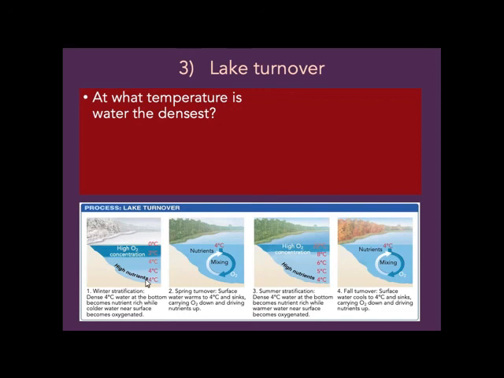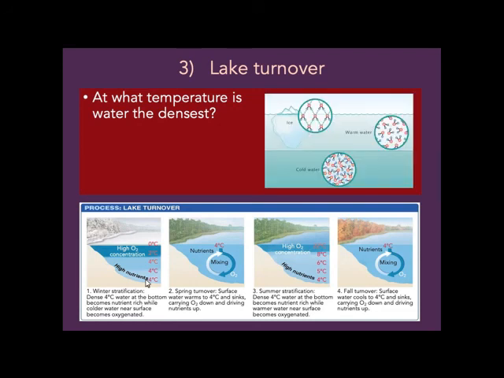But maybe I should ask you, at what temperature do you think water is the densest? I think it must be the densest when it's ice because that's when it hurts the most to jump in. Well, that's actually not the case. The molecules are the farthest apart when they are ice, forming ice crystals.